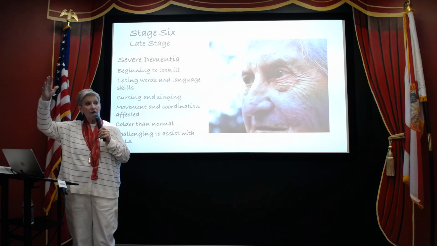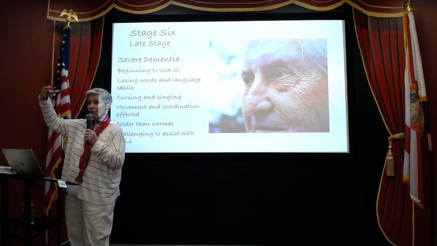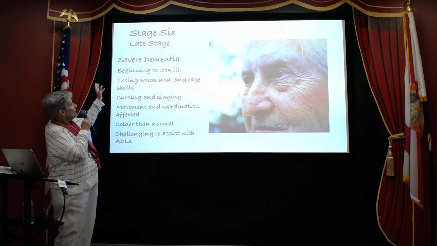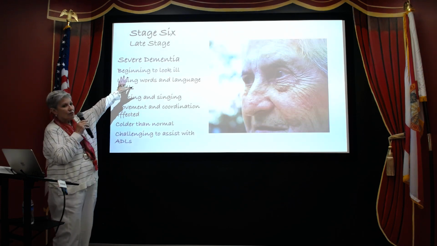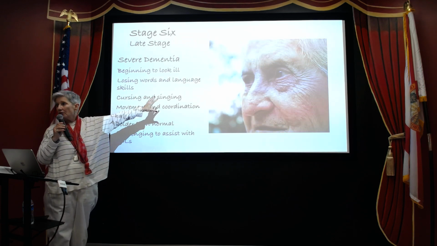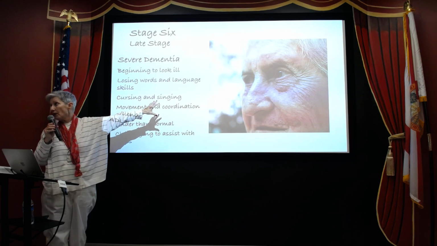Even bedbound, their falls are actually higher because they continue to try to get out of bed, and we don't understand that. They don't have the ability to move themselves, but they can still get out of bed, right? So stage 6 is now called severe dementia. That is its medical terminology. We call it lost in their own world because this person doesn't seem to be aware of what's going on around them.